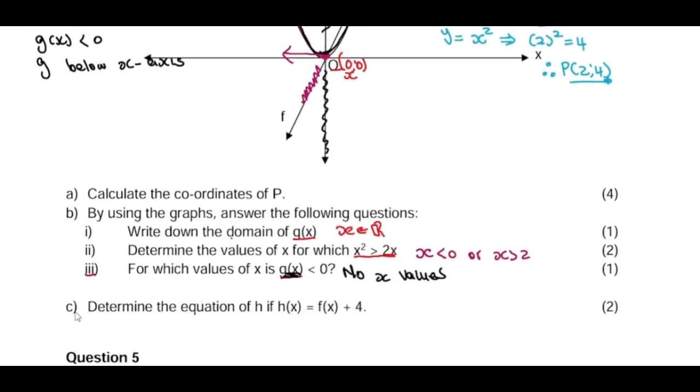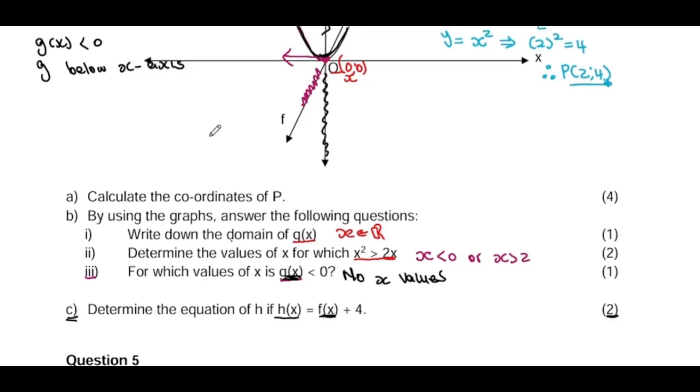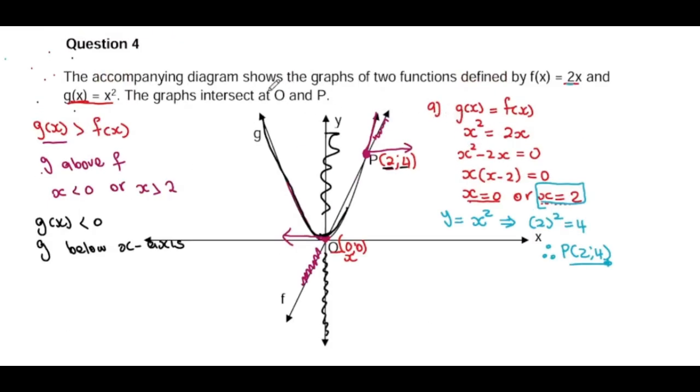Now the last one, determine the equation of h at x. This is f at x. This is easy, don't stress about that. Just take these 2 marks and say f at x. What is your f at x? It's 2x.